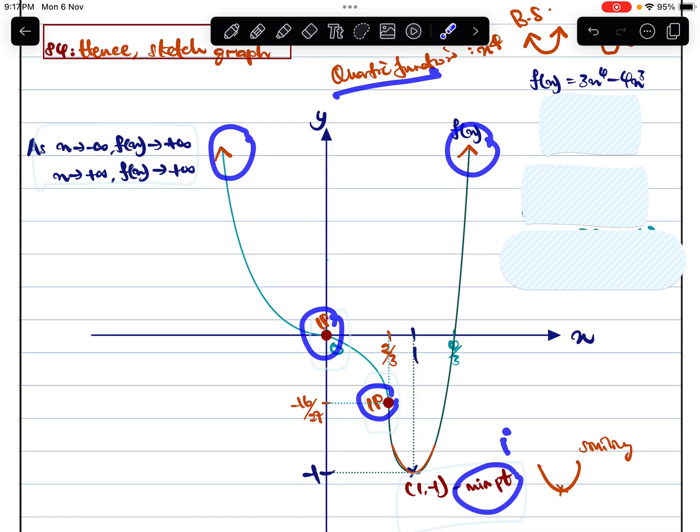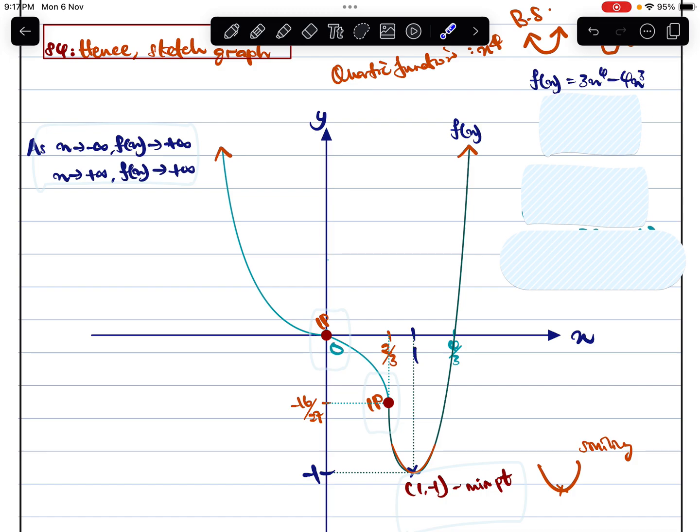So you must first of all determine all of the points here, if there are 3 important points to figure out, that you already know, and you must also know its basic shape. So these are the things that you need to focus on before you sketch the concave up, the concave down, and the concave up again. You just try to find the important points first, then you think of whether it is concave up or down.